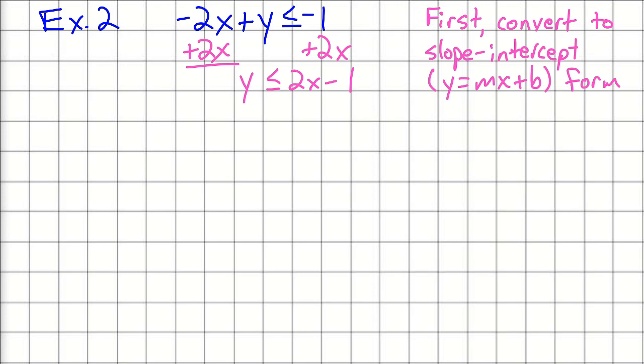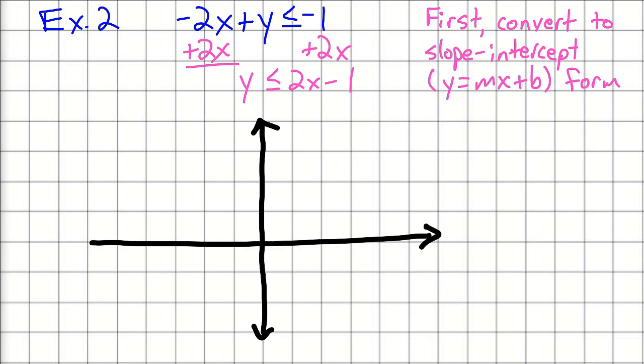Questions on that before I move on? All right, so there's my grid, and my y-intercept is -1. So I'll plot that first: (0, -1) right there.